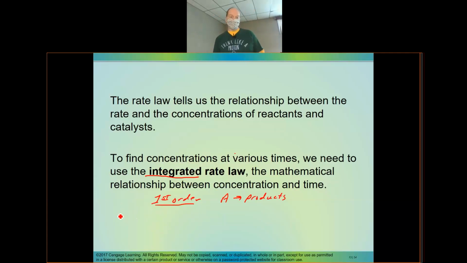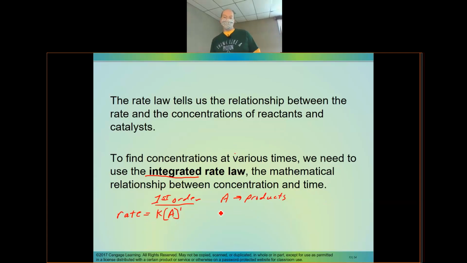And so we know that the rate law is K times A to the first. Again, you don't need to put the 1 there. There's one reactant, and it's A going to products. And so your rate is equal to K times the concentration of A. Now to find the rate, since I didn't give any letters for the products, I just have A going to products.